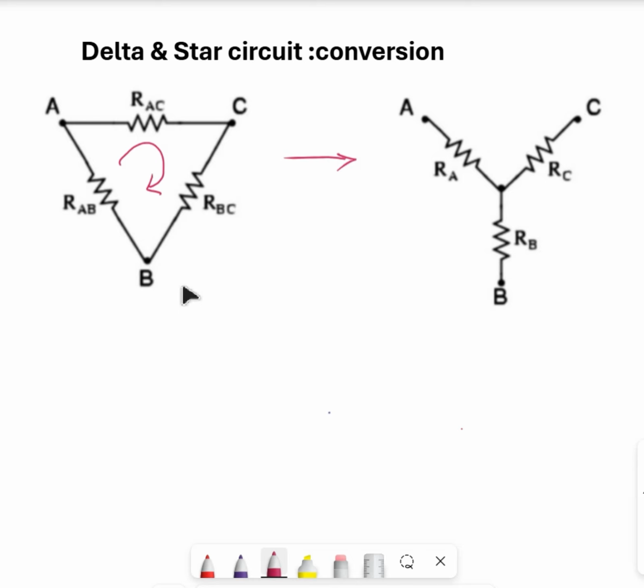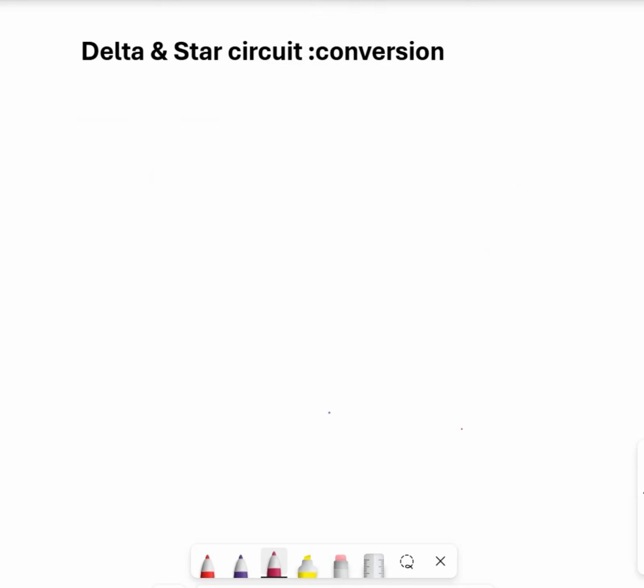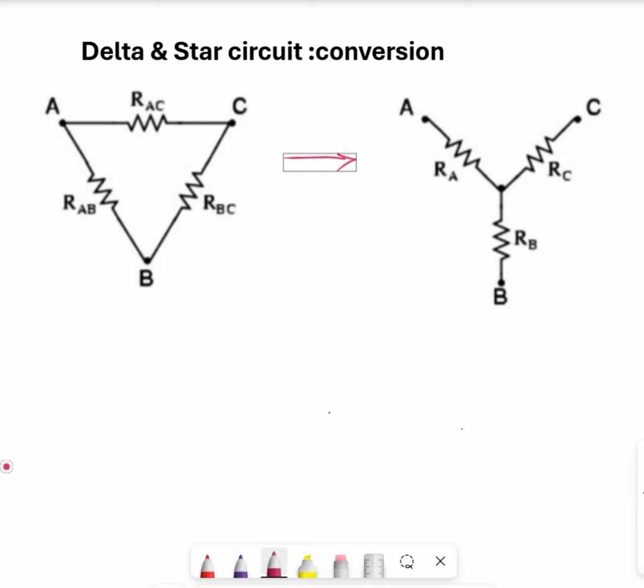What we have to do is create a star connection inside the delta, same as this one. So from here, let's draw a resistor. This is the common neutral point for the star connection, and there is another resistor. So this is RA, this is RB, RC.